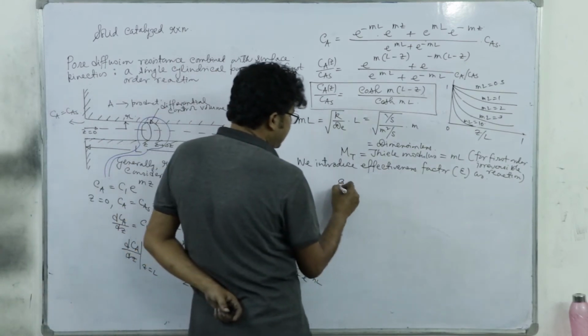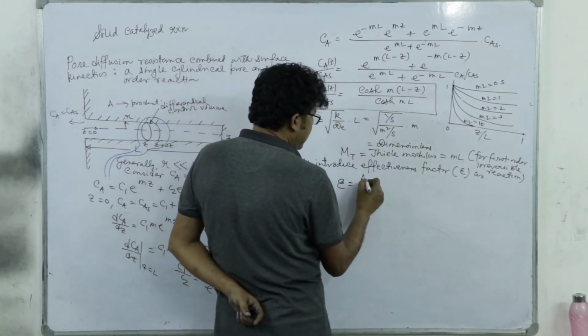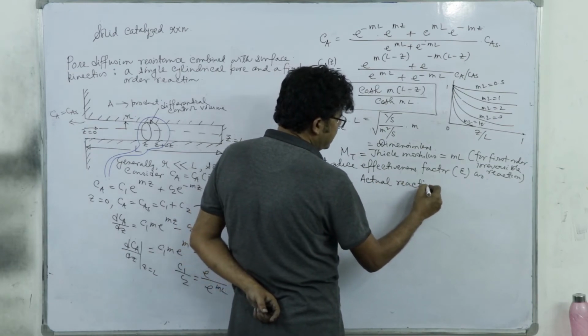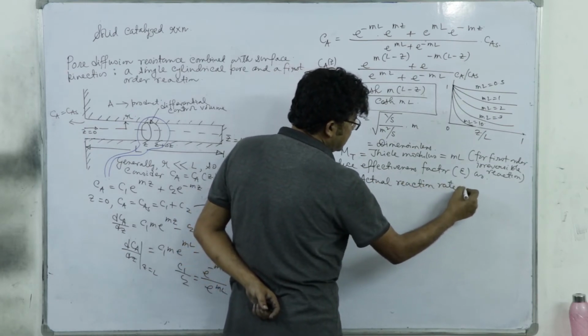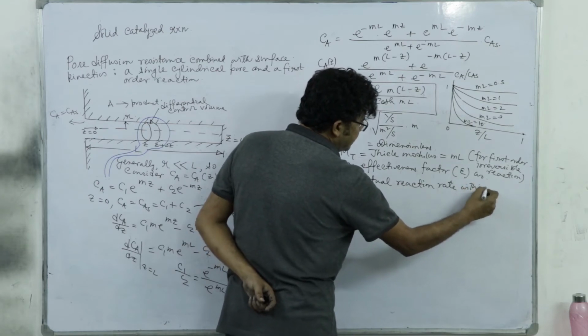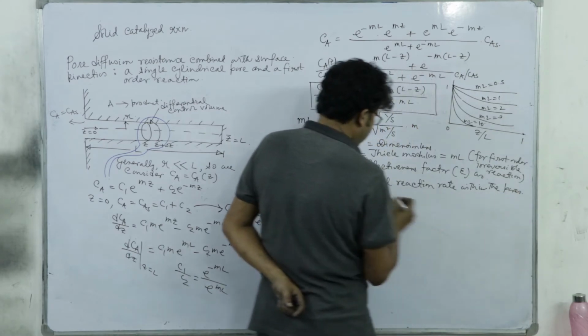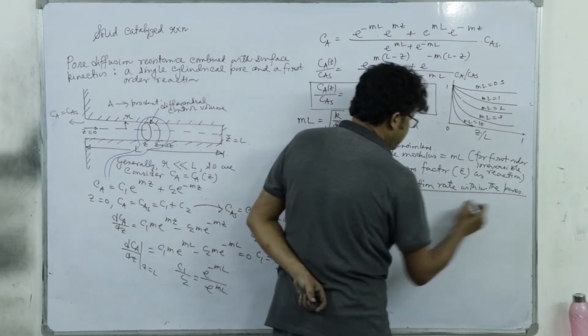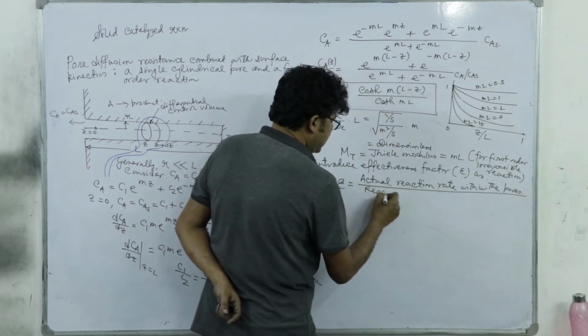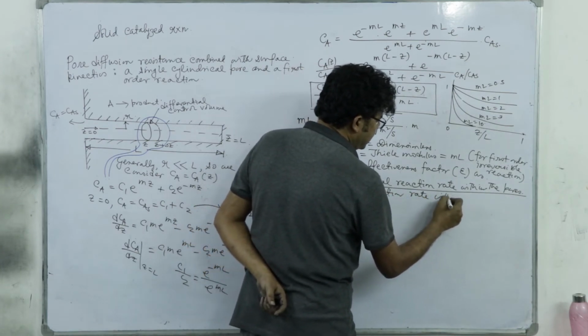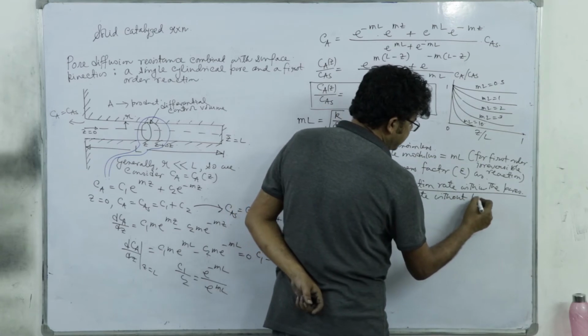So, this is simply the actual reaction rate within the pores divided by the reaction rate without pore diffusion.